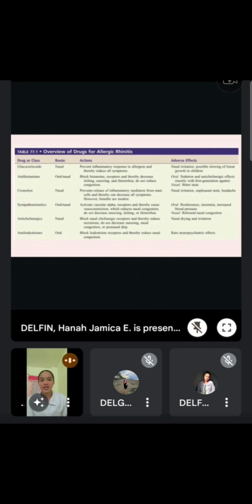Next is intranasal antihistamines. Two antihistamines, azelastine and olopatadine, are available for intranasal administration. Both drugs are indicated for allergic rhinitis in adults and children older than 12. Both drugs are supplied in metered spray devices.